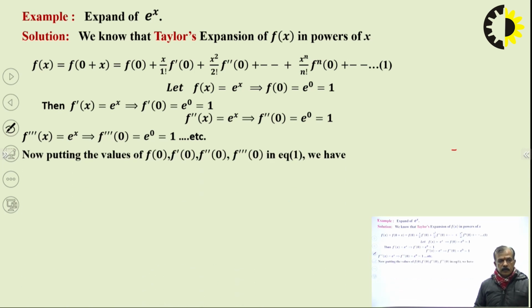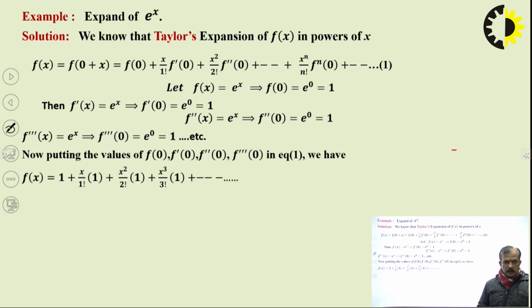So, now we put these values, the value of f of 0, f dash 0, f double dash 0, and f triple dash 0 in equation 1. Now, the expansion of f x will be 1 plus x upon 1 factorial into 1 plus x square divided by 2 factorial into 1 plus x cube divided by 3 factorial into 1 plus and so on, because the values of the function and its derivatives are all 1.